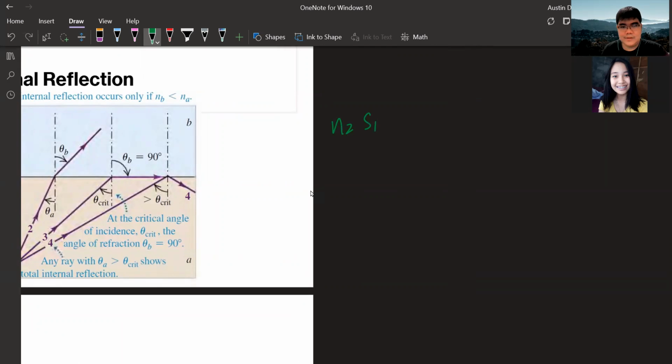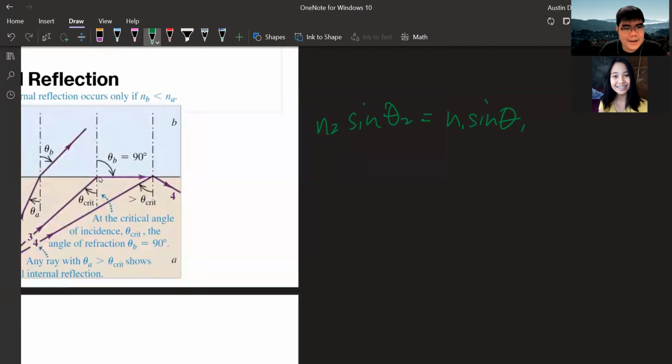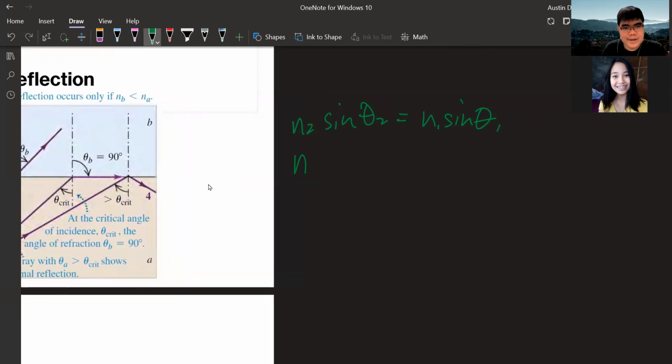N2 sine theta 2 is equal to N1 sine theta 1. Okay lang pagbalik na rin kasi equality naman ito. Okay, so for theta 2, ang gusto natin, theta 2 is 90 degrees siya para maging parallel siya dun sa interface. So let's do that.